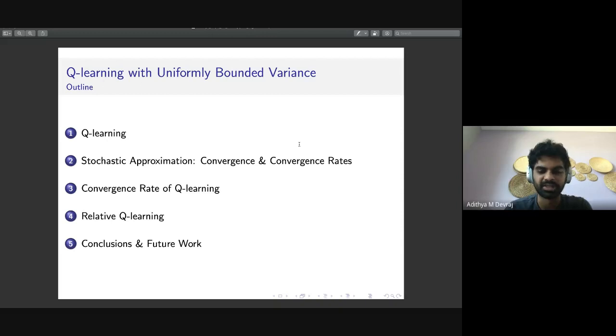And then I'll be discussing how we can use this theory of stochastic approximation to characterize the convergence and convergence rate of Q-learning. And finally, I'll be introducing the relative Q-learning algorithm, and I'll be concluding with some directions for future work. So I'll be spending roughly 10 minutes on each of the first 4 topics here, just in case you want to get distracted in between. Yeah.